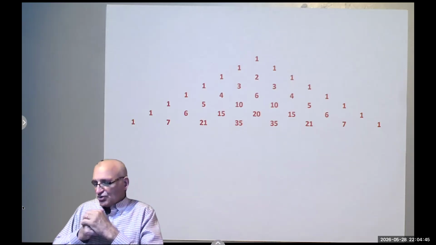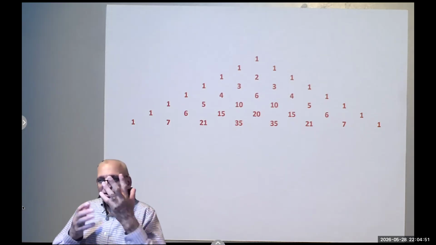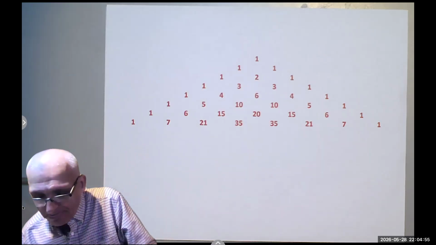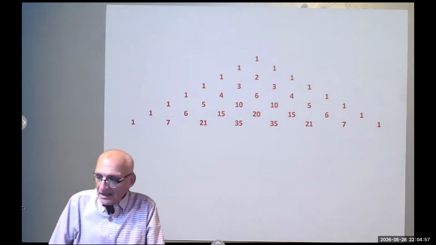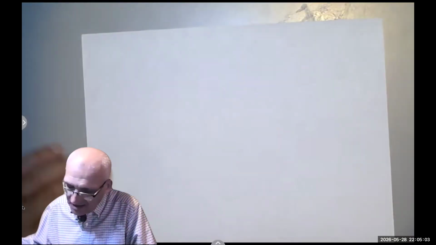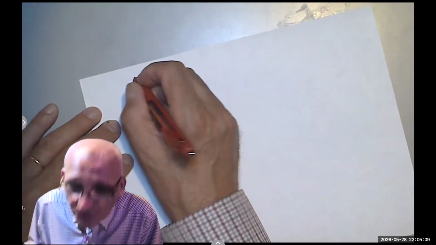But what I want to go over today, which I think I did a video about a while ago, but maybe it wasn't clear, is for trig. So in trig, using Pascal's Triangle to do what?